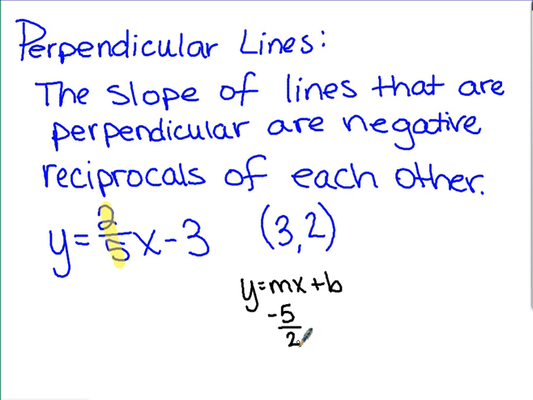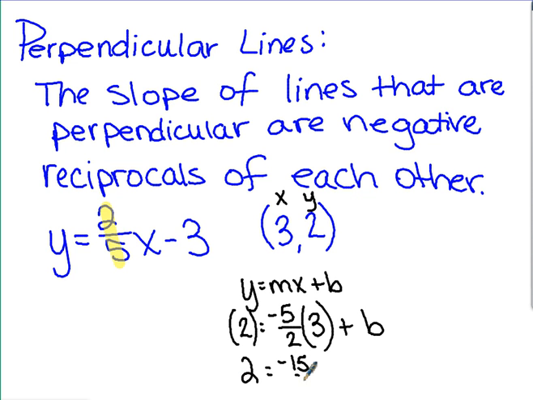Now notice it passes through the point (3, 2). 3 and 2 are an x and y value. So 3 is going to be substituted in for x, 2 is going to be substituted in for y, and we're solving for b. If we multiply, we're going to get 2 equals negative 15/2 plus b.